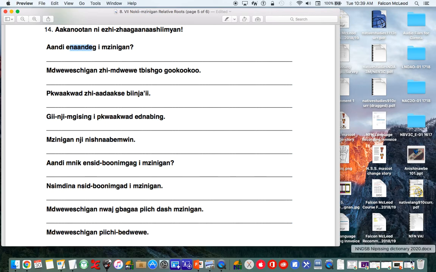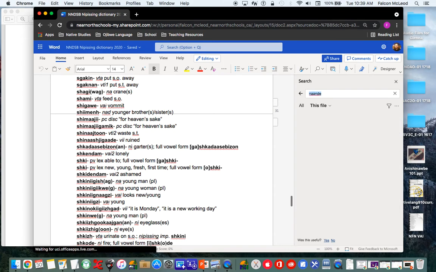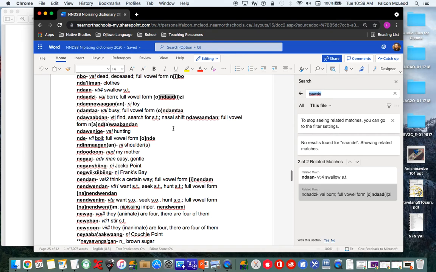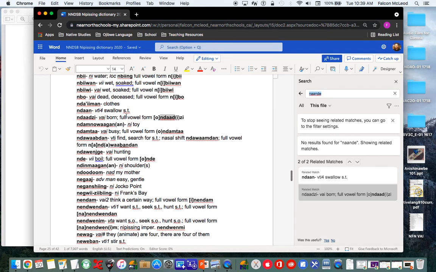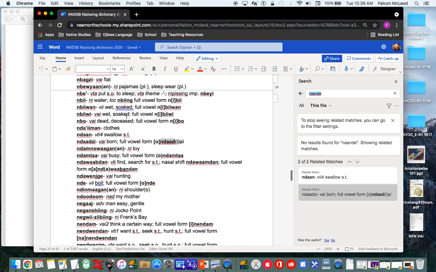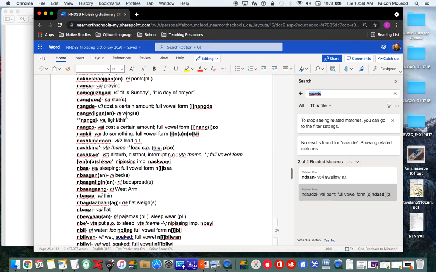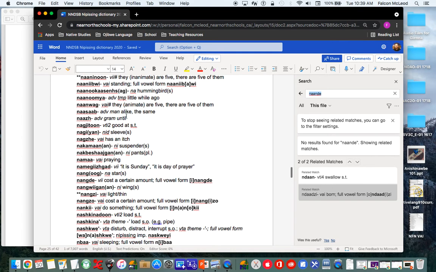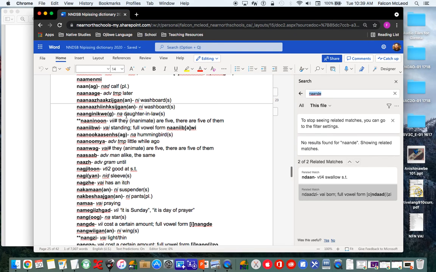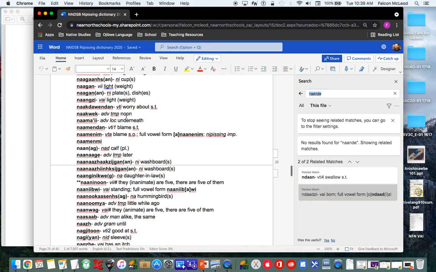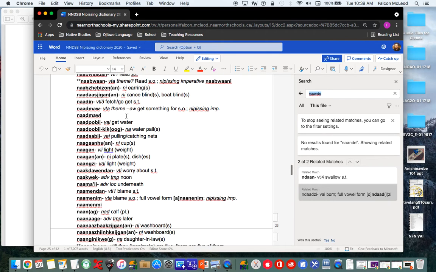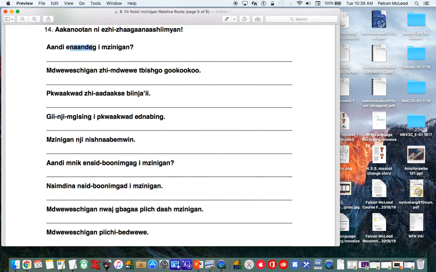So let's see if we can copy and paste that in the dictionary. I forgot to include this word in the dictionary, but nonde refers to how. It's got that N sound in front, and then something is colored. So how is the book colored, or what color is the book, is the answer to this translation.